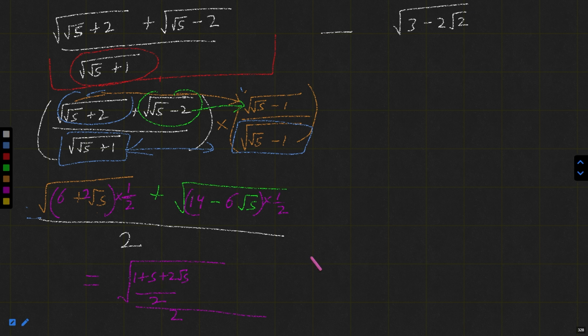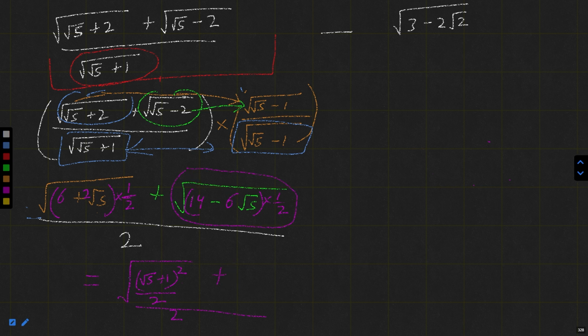Yes, 1 plus 5 plus 2 root 5 is equal to root 5 plus 1 whole square, since it is a square plus b square plus 2ab. So I am just writing it in whole square terms: root 5 plus 1 whole square. Clear? Now let's see the other part, which is this one.